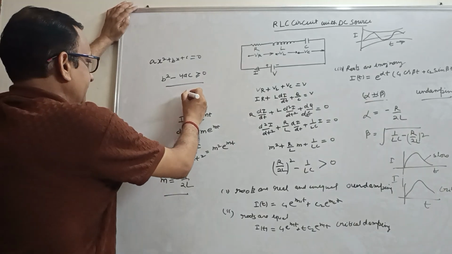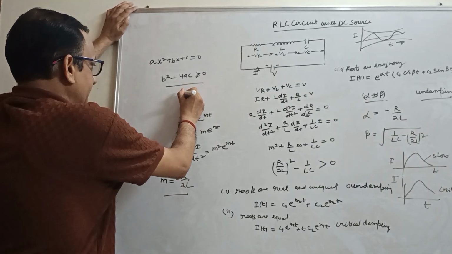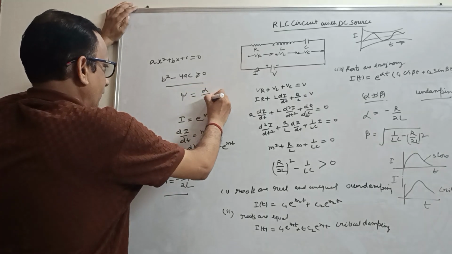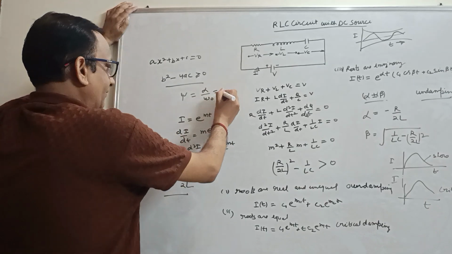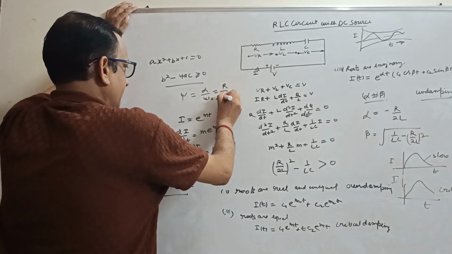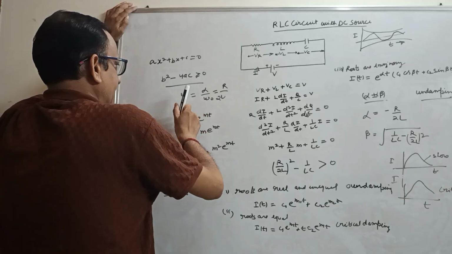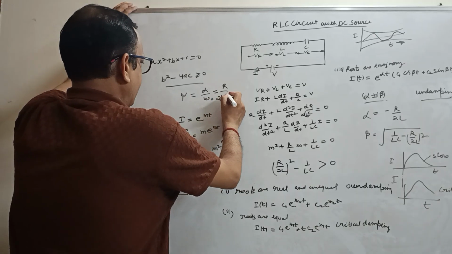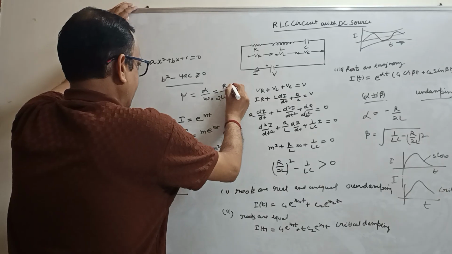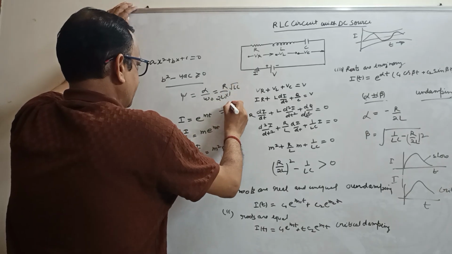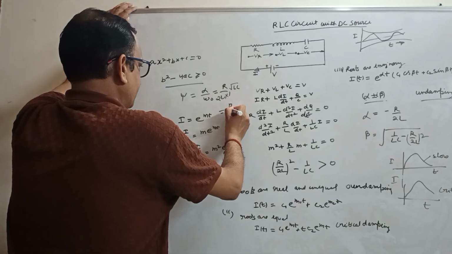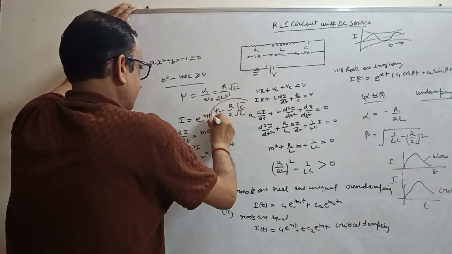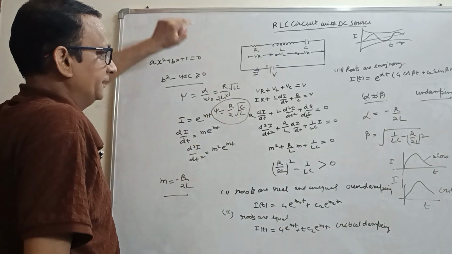So we can define here the damping ratio. This is the damping ratio, alpha upon omega naught. Alpha is R by 2L, this is the damping factor. So R by 2L into root of LC, this becomes R by 2 under root C by L. This term is the damping ratio.